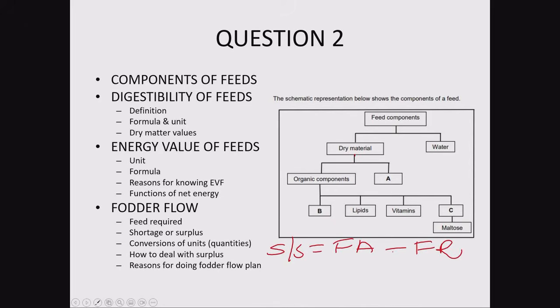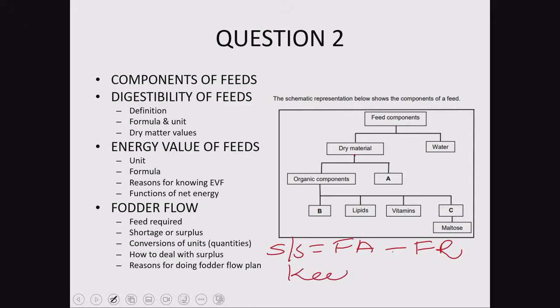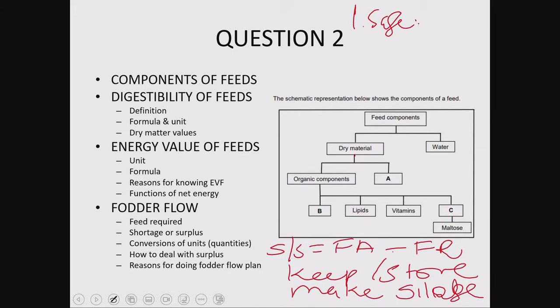And then lastly, for the fodder flow, you have to know how to deal with surplus. As we were calculating shortage or surplus, if you have surplus, you have to keep or store the feed or make silage. And lastly, the reasons for doing a fodder flow: number one, safe use of resources.